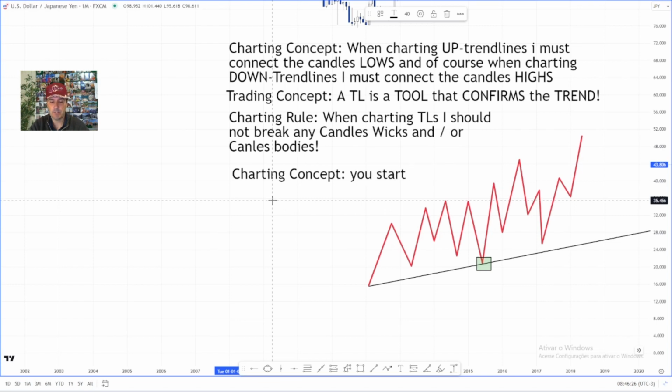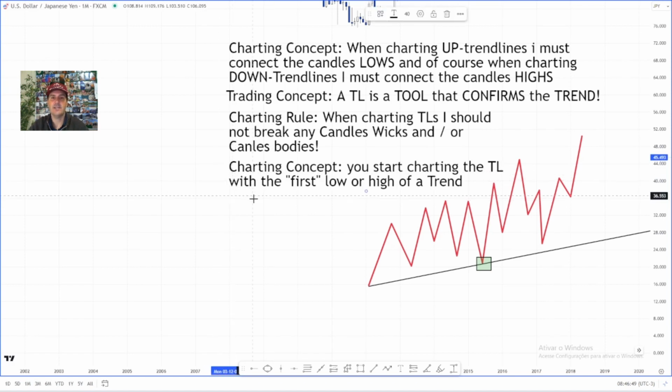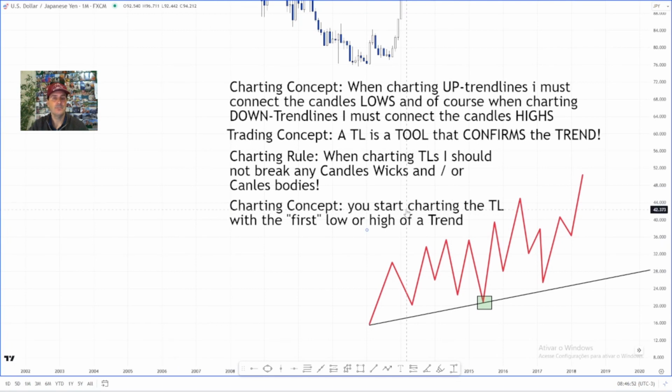You start charting the trend line with the first low or high of a trend. Now this is easy to understand, but this is what takes some time. You need to practice, because you can also find the low or a high.